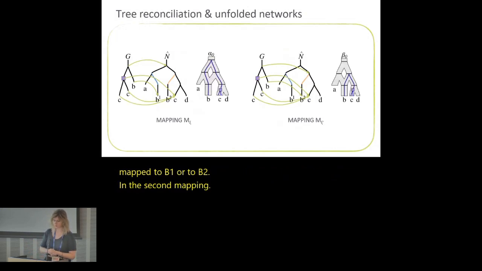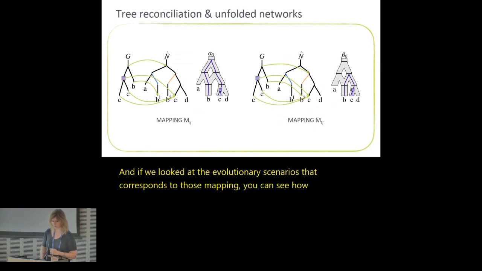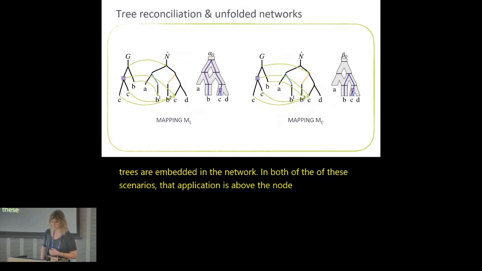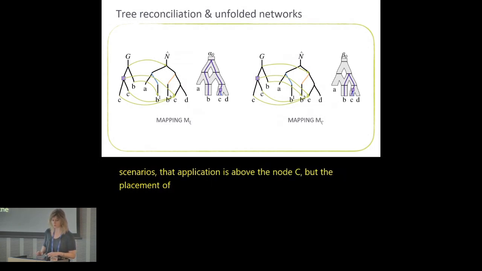If we look at the evolutionary scenarios that correspond to those mappings, you can see how the gene trees are embedded in the network. In both of these scenarios, the duplication is above the node C, but the placement of the root of the gene tree is different.